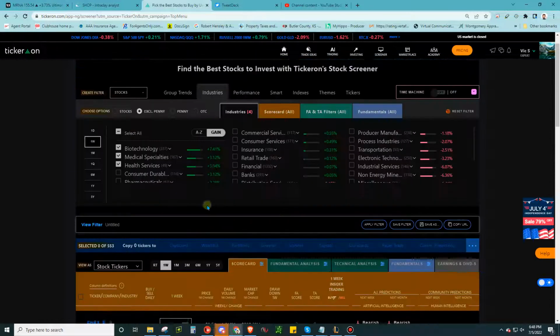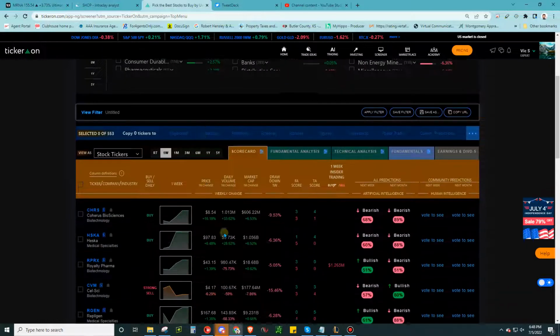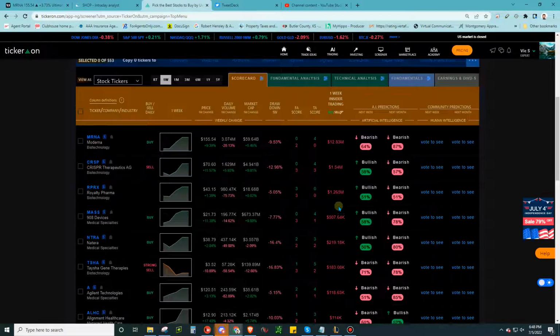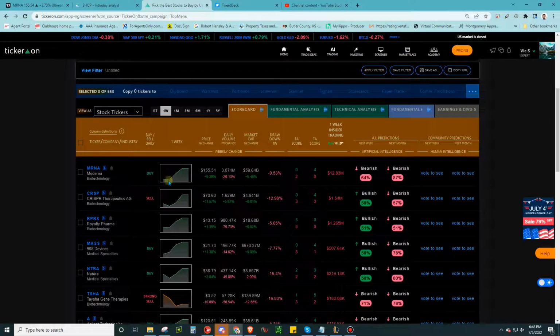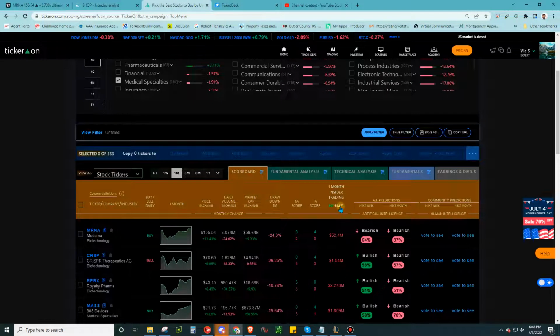So in this whole sector here, is it really bullish? It's trending bullish, which price action would suggest that it is bullish. But as far as insiders go, I'd be extremely cautious in this sector because there's a lot of sellers here. Now, as far as what we could do is maybe look at the 1 month here. Is it still the same?